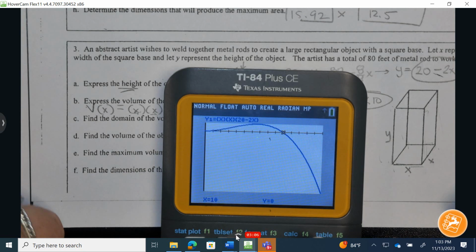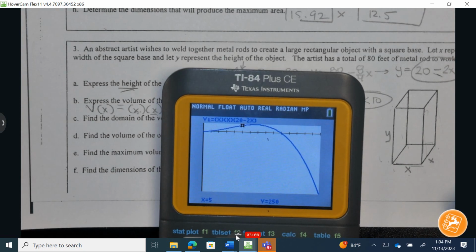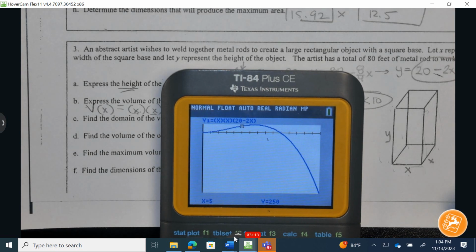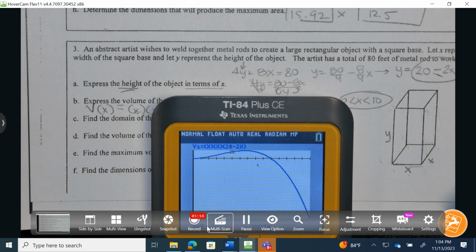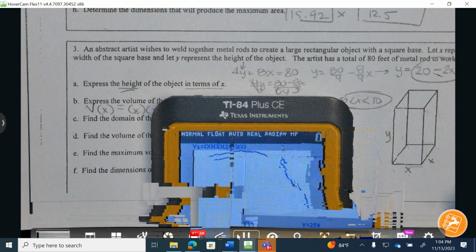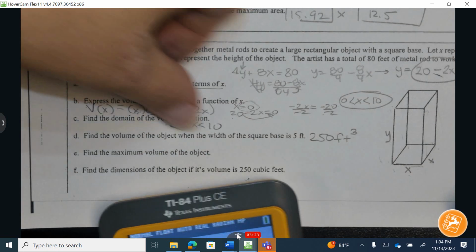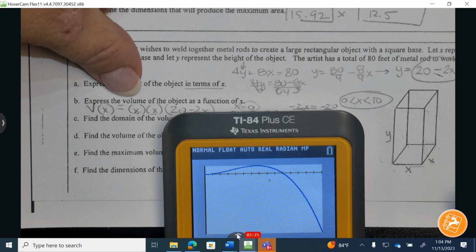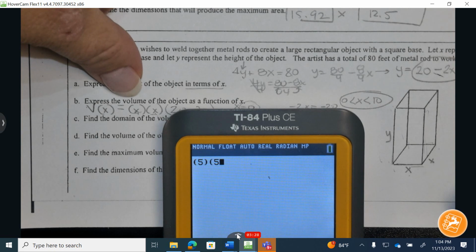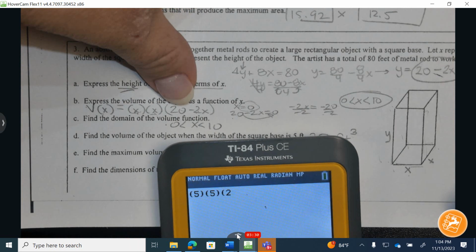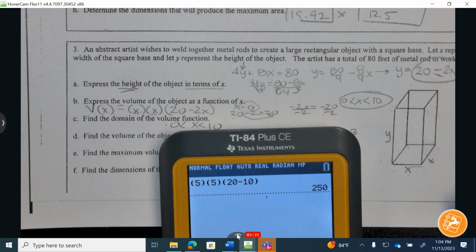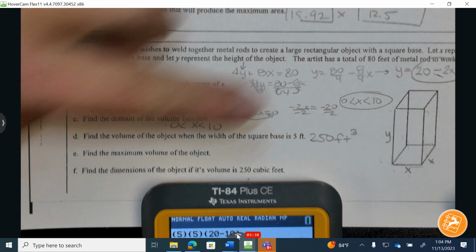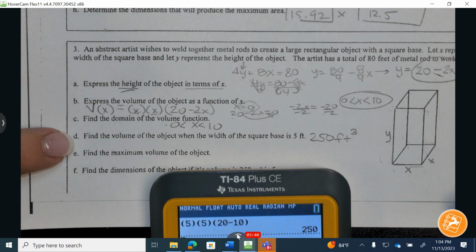Another way we can go second trace value, typing in 5, and we can see that the volume is 250. 250 feet cubed, because the other way to do it would have been 5 times 5 times 20 subtract 2 times 5, which is 10, and we can still see that we're able to achieve 250 feet cubed. Again, cubed because it is volume, not area.